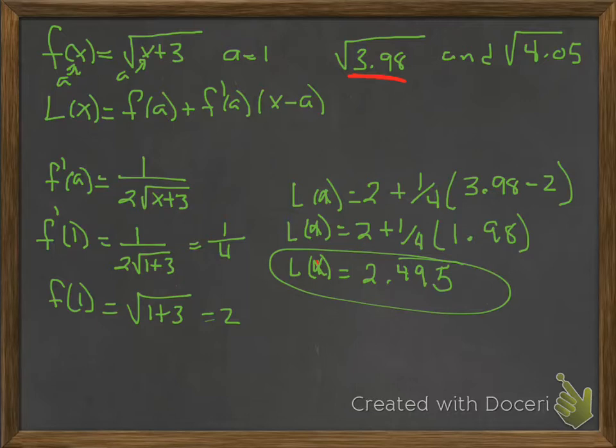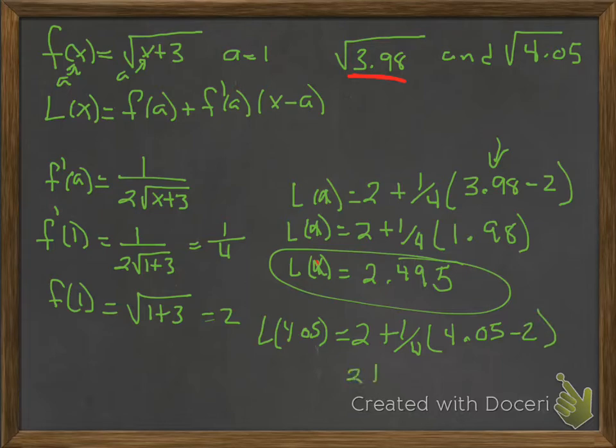We can do the same thing for 4.05, except now you're plugging 4.05 in there instead. So L of 4.05 is equal to 2 plus 1/4 times 4.05 minus 2.